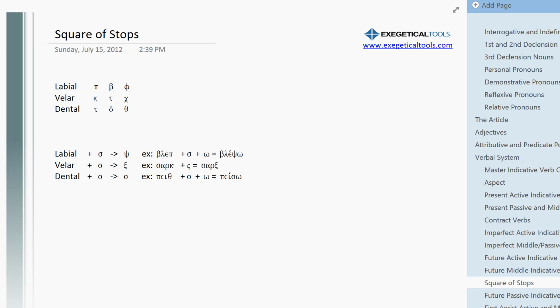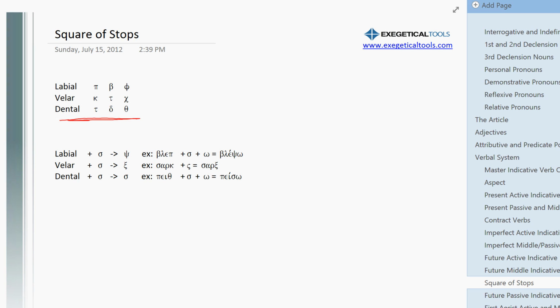So what we have are three classes of consonants that create stops. Stops is basically whenever you're speaking, your tongue goes against, say, the roof of your mouth or your teeth or something like that, and there's a stop that's created in the air that's coming out of your mouth.